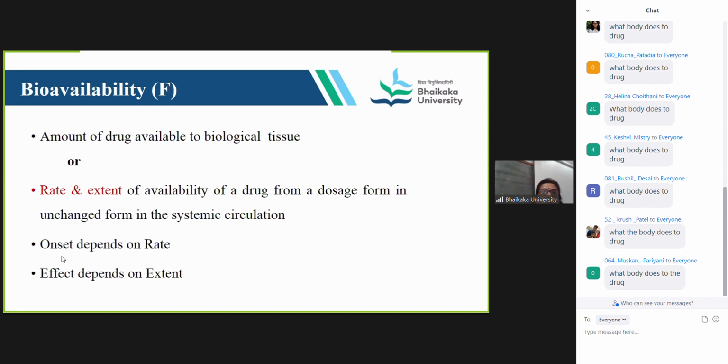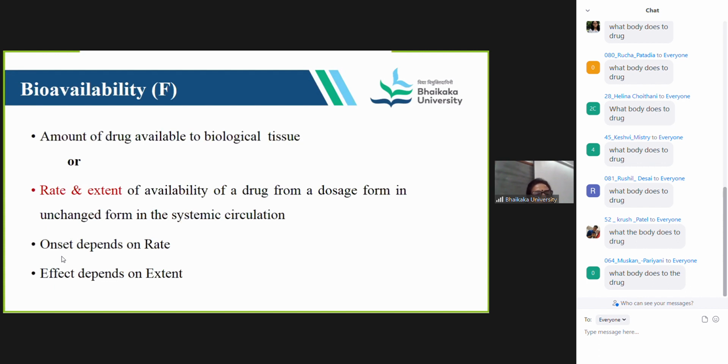I told you the clinical relevance: absorption will decide what? Onset depends on the rate and effect depends on the extent. If you remember, in my previous 3-4 slides, I told you the clinical relevance of absorption. So absorption decides the frequency, onset, and how much action.